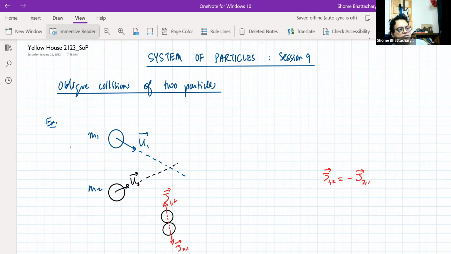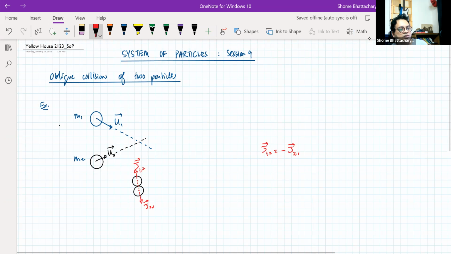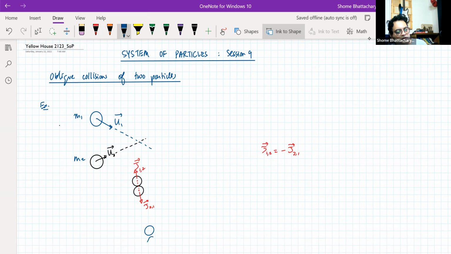And as a result of these collision impulses, eventually after the collision is done, that is, after they have finished being in contact, they might move off with velocities which are like this.